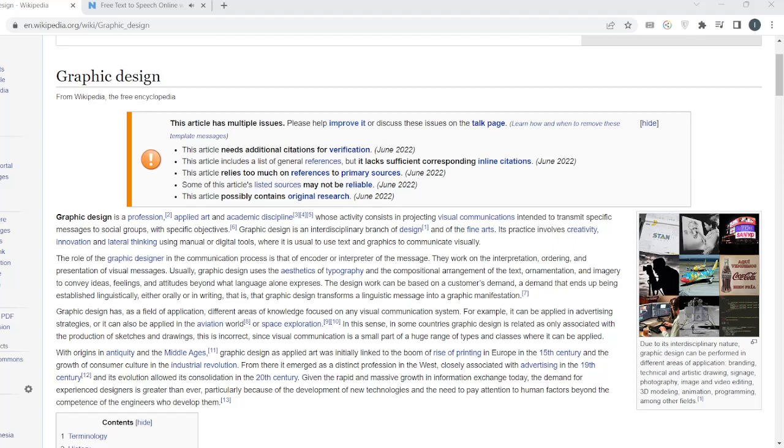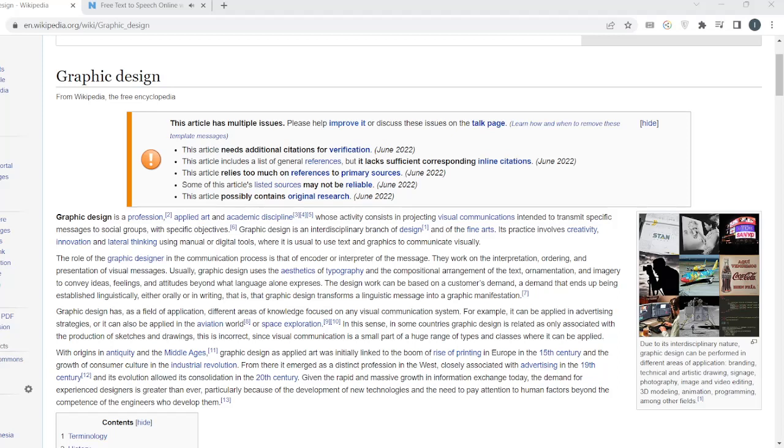The role of the graphic designer in the communication process is that of encoder or interpreter of the message. They work on the interpretation, ordering, and presentation of visual messages.